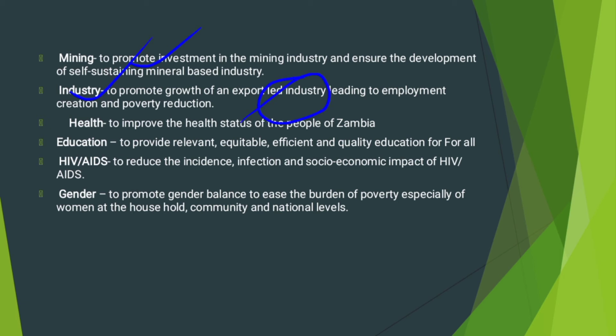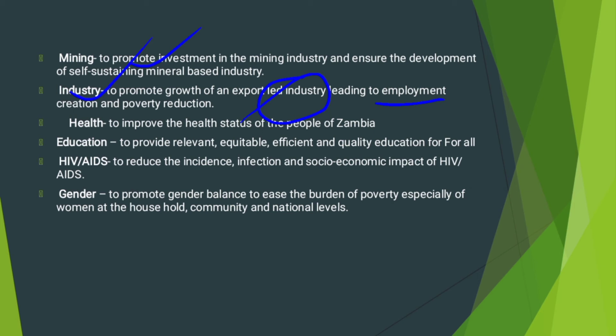We should be producing enough products to export. That will lead to employment creation, because when we have more things being produced, for example, here they are producing chunks, there they are producing chan, there they are manufacturing buckets, there they are manufacturing different things.